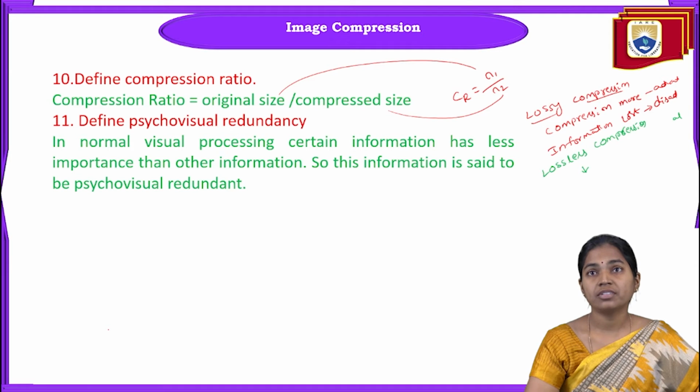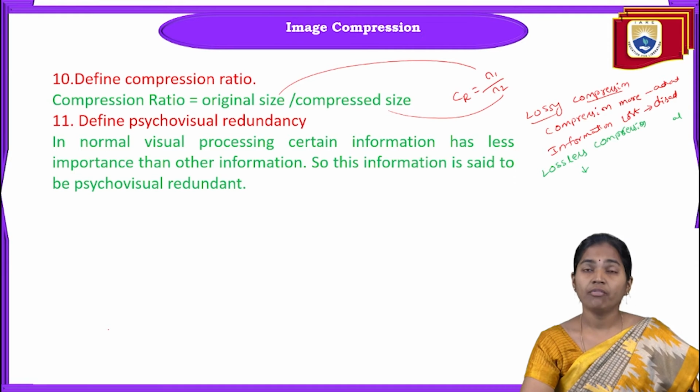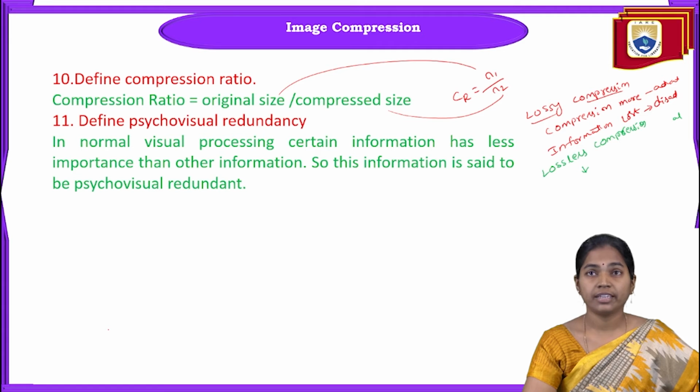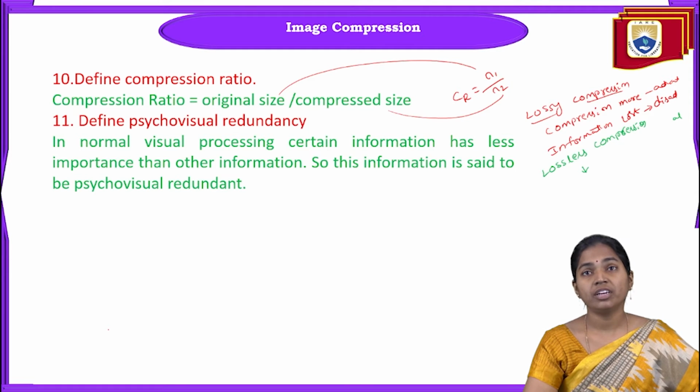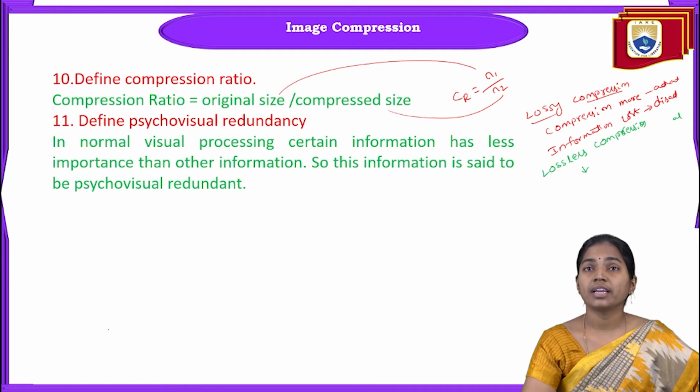In the source encoder and decoder, the source encoder has a mapper, quantizer, and symbol encoder. When we use the quantizer in our source encoder, we are using psychovisual redundancy. So only across the encoder do we use the psychovisual redundancy technique.